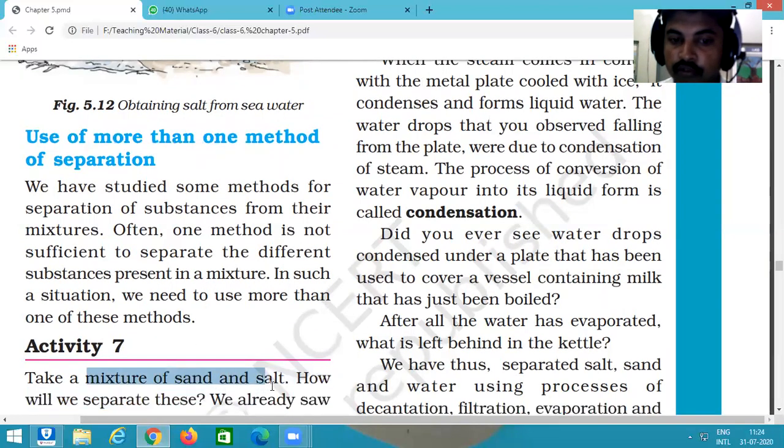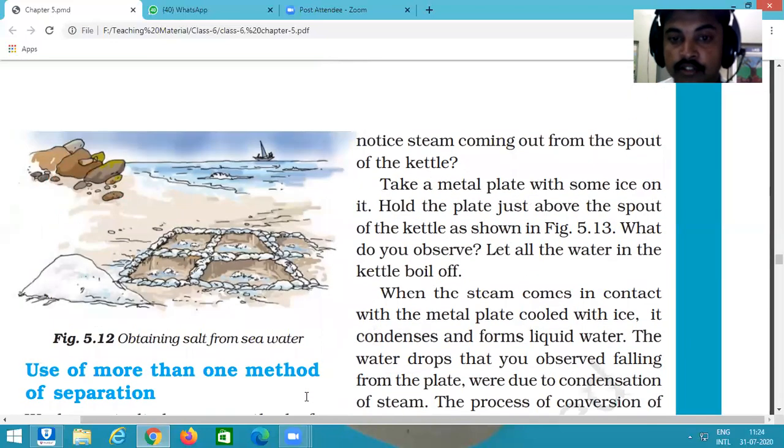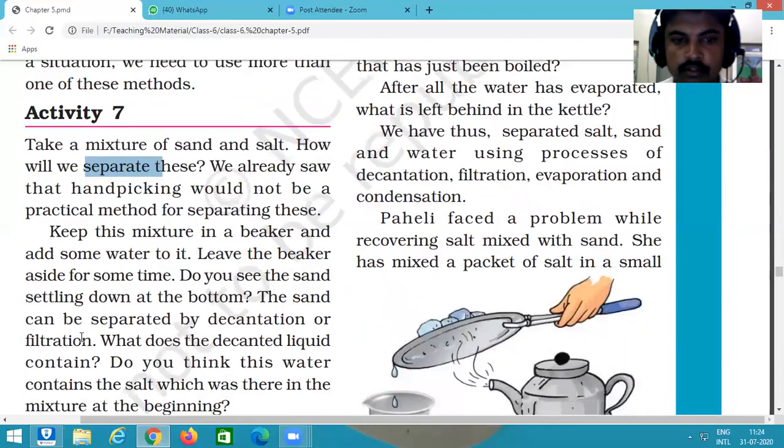Take a mixture of sand and salt. How will we separate these? We already saw hand picking.